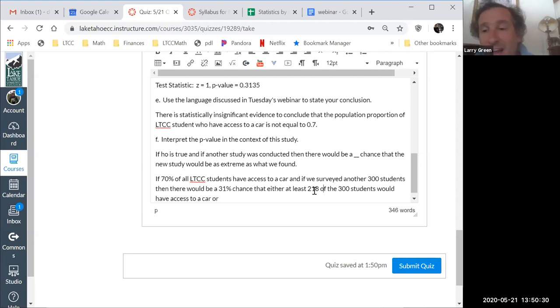Okay, so this is actually the high side, the 218. 70%, again, is 210. So the low side will be 212, or at most 212 of the 300 students would have access to a car.